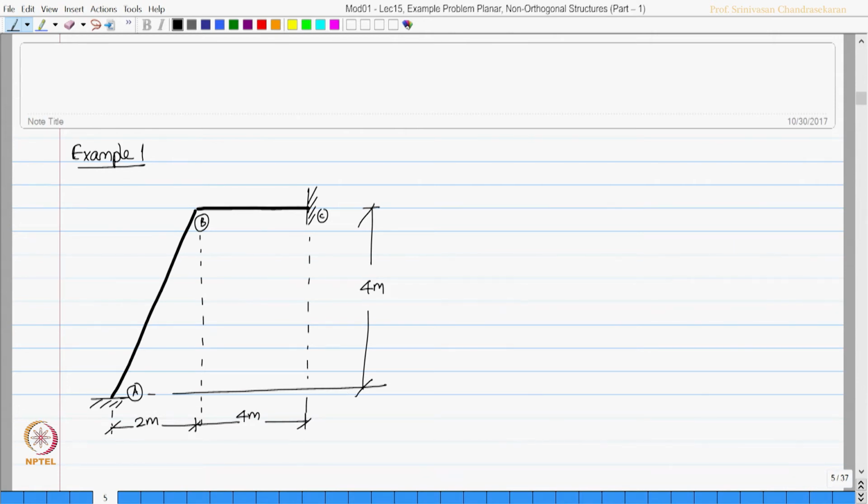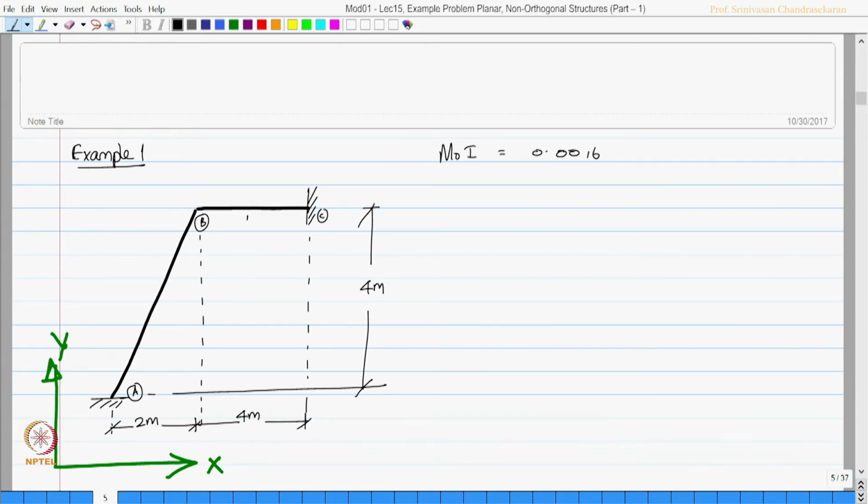Now, interestingly, this is my global axis. And for every member, the local axis is going to be different. Let us say the I value, the moment of inertia of each member, is 0.0016.